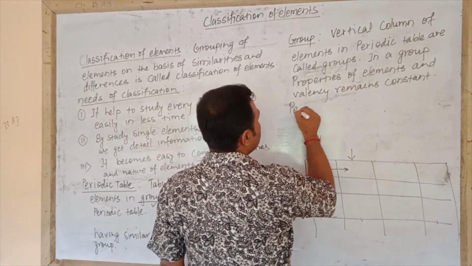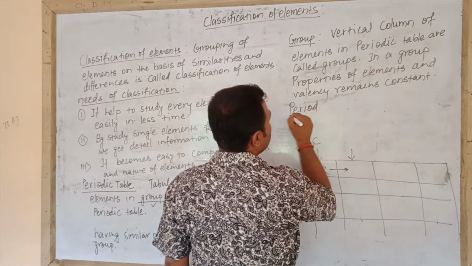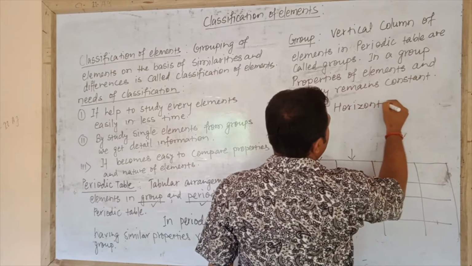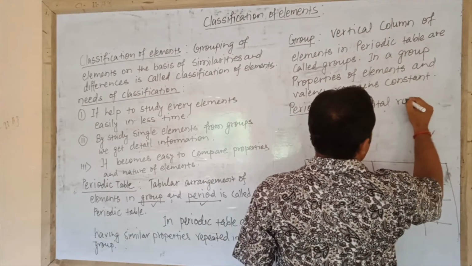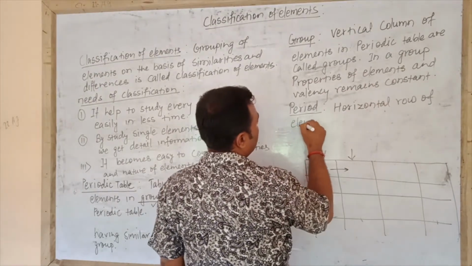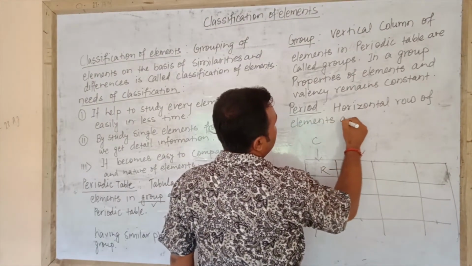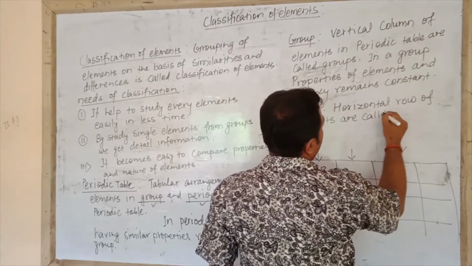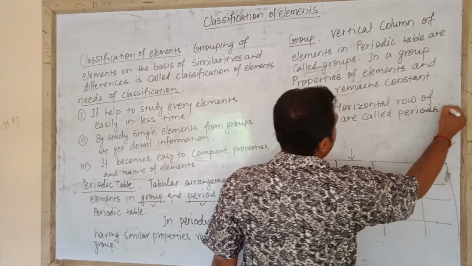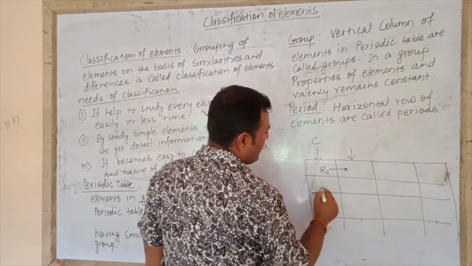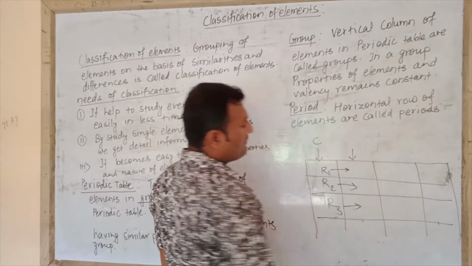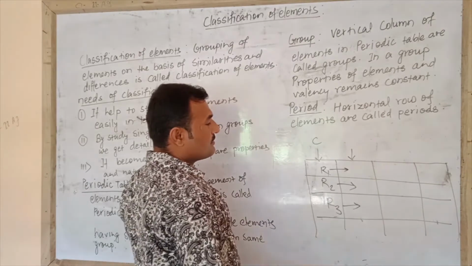The next term related to the periodic table is the period. A horizontal row of elements is called a period: row R1, R2, R3 are called the first period, second period, third period.